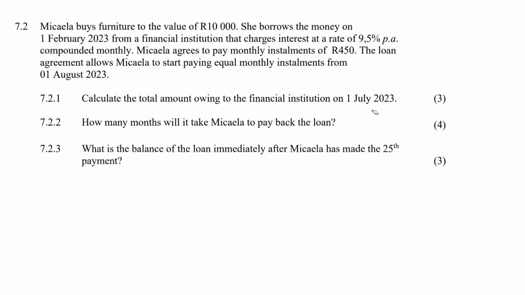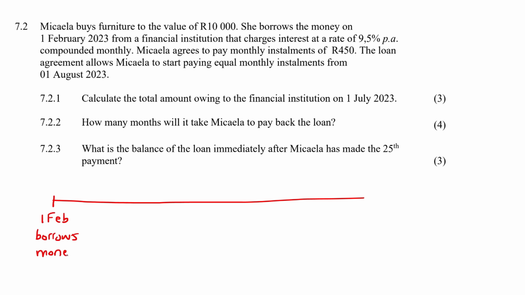Okay, so let's break this down. On 1 February, Michaela borrows money. Now, normally, if you've watched all the videos on present value and even on future value, when do we normally make our first payment? Normally, it's after 1 month.